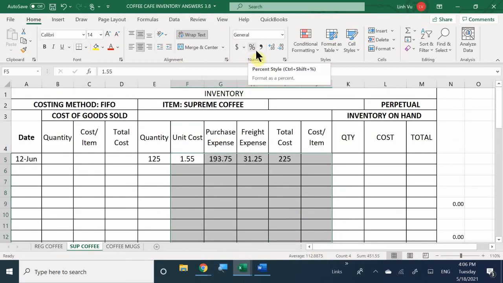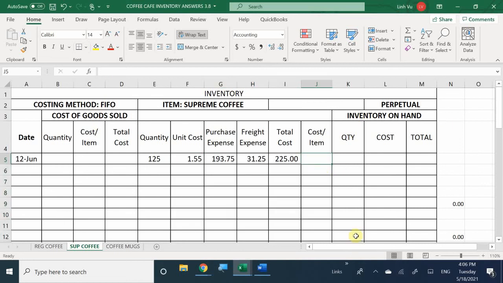In this case, we are dealing with FIFO. We are obligated to calculate the cost per item because we're dealing with batches. Therefore, for every batch that we sell, we need to make sure which one it associates with. So again, we carry it over into my inventory on hand.